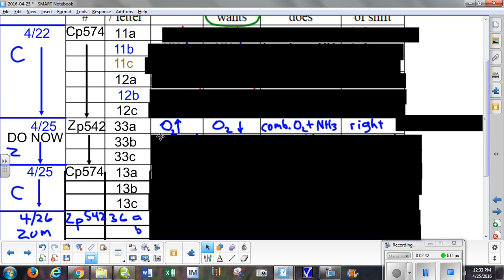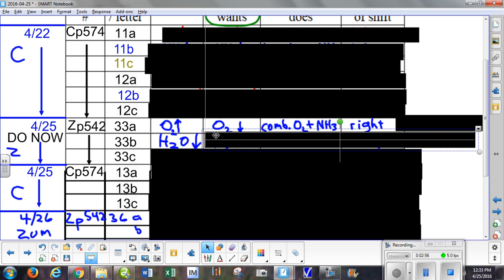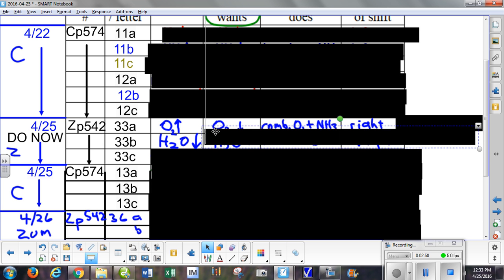And Senik, what do you have for the stress on 33B? Okay, and ammonia up? Oh, you mean H2O is up? Neither one. In 33B, a desiccant is a material that absorbs water.